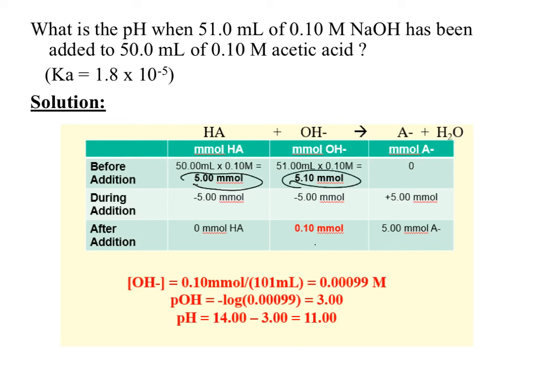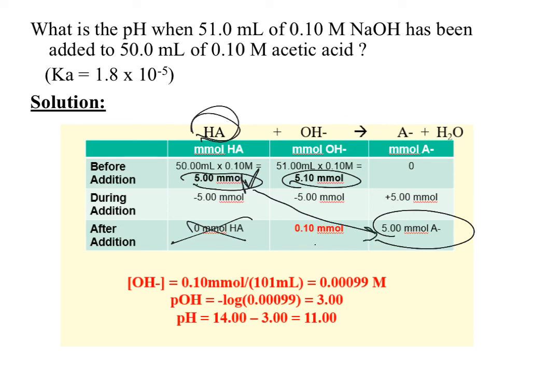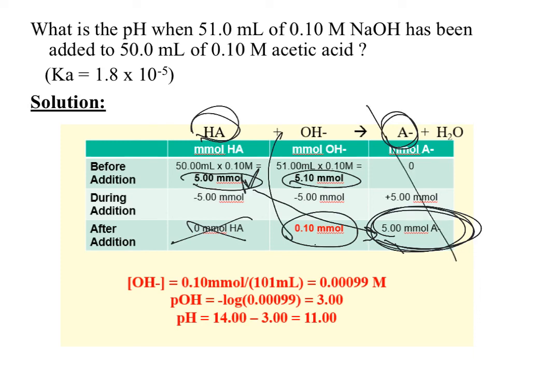So at the end, you see the original weak acid's gone. It's been all neutralized. And of course, you do have however many moles or millimoles of the weak acid you started with, you're going to have that same number of moles of the conjugate base when you've neutralized it all. But again, if you have excess hydroxide, this conjugate base doesn't matter anymore. It changes the pH a whole lot less than hydroxide.